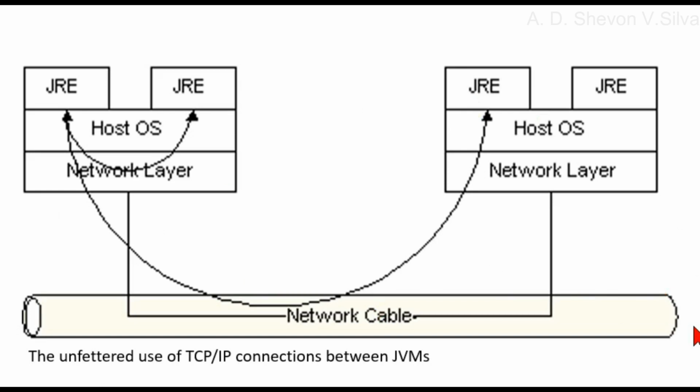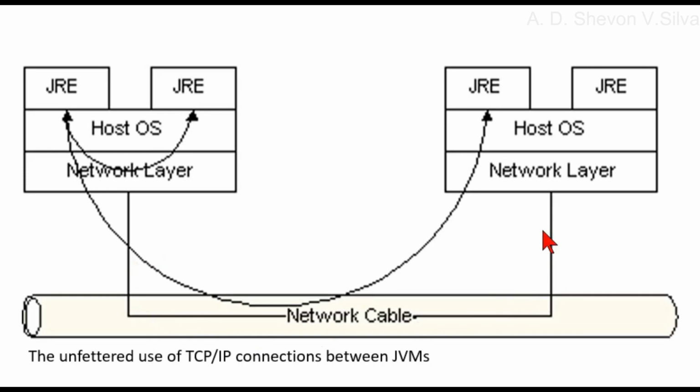The transport layer makes the connection between JVMs. All connections are stream-based network connections that use TCP/IP.